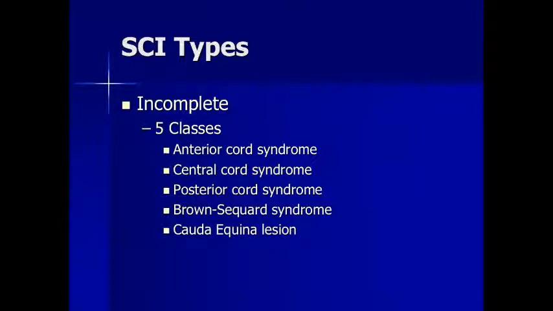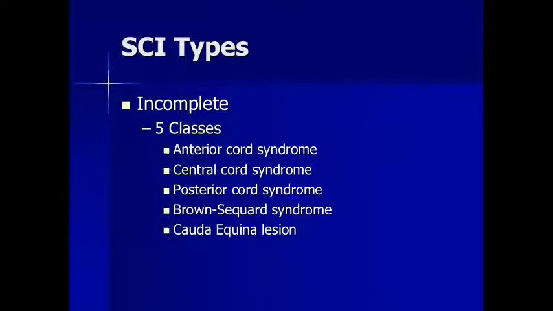Damage in the center of the spinal cord results in loss of function in the arms, but some leg movement, with some recovery possible. The third class is posterior cord syndrome, which is damage to the back of the spinal cord. You have good muscle power, pain, and temperature sensation, but poor coordination.